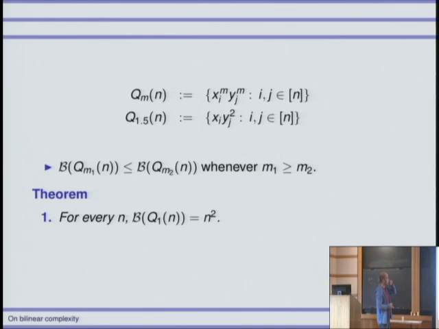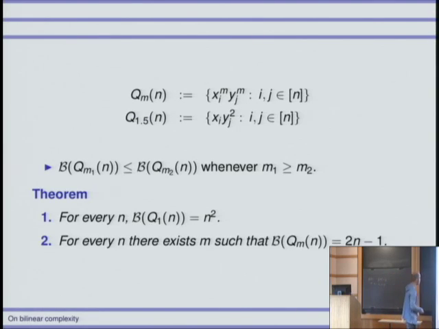That's simply because you are trying to express the set Q_{1,n}, which is just the set of x_i y_j where i, j range over 1 through n, as linear combinations of bilinear polynomials. So the rank of the polynomials in Q_{1,n} is n squared, as you can see easily, and so the bilinear complexity will also be n squared. So this is a very simple bound.